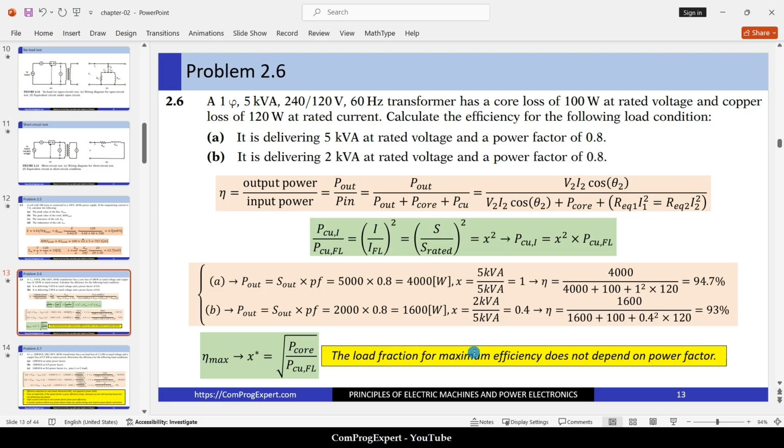Now let's check this point. Does the load fraction at which we get the maximum efficiency depend on the load power factor or not?